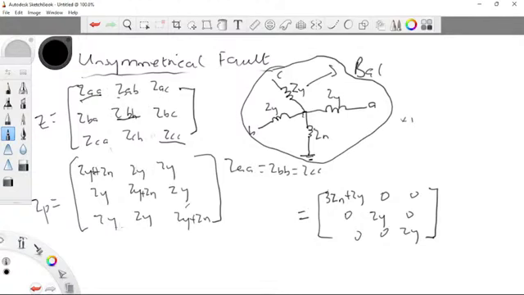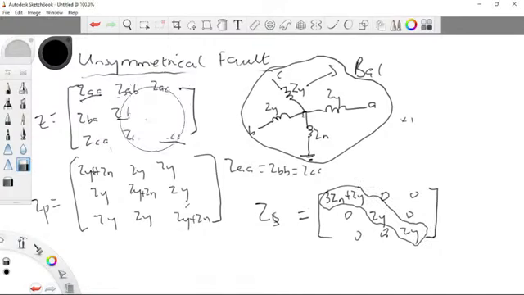Also, if it's a balanced load, for your Z_S, the non-diagonal components are all 0 and you only have values for the diagonal components. Alright, so this is all for the recap.